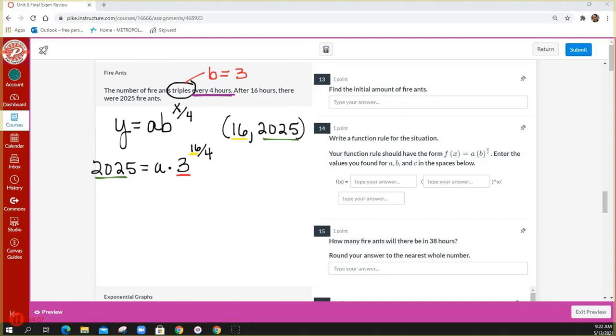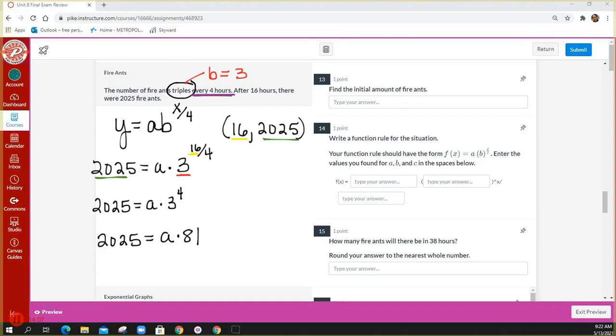So when we simplify this, we have 2,025 equals a times 3 to the 4th. So let's simplify 3 to the 4th, and we get 81.